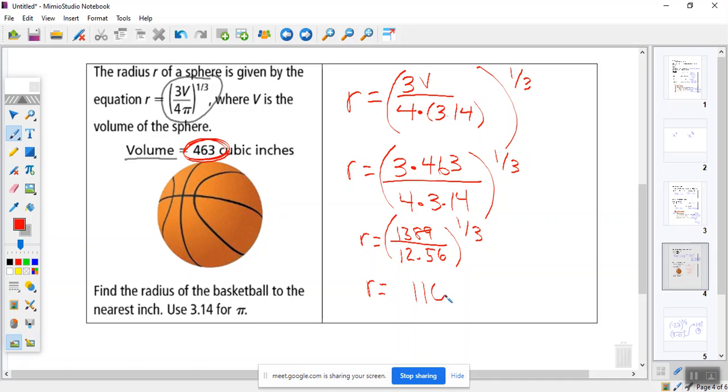So is it okay if I call it 110.59? Okay, but this is all to what power, kids? But since it's to the 1/3 power, really, what is your index now out here? And then the power is 1, so I don't really need to worry about that. So I'm really looking for the 3rd root of what value here to find your radius, kids.